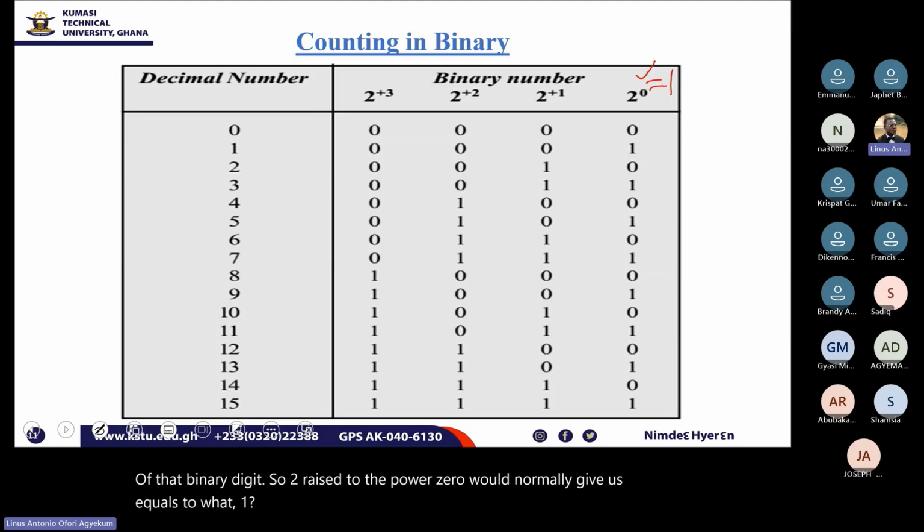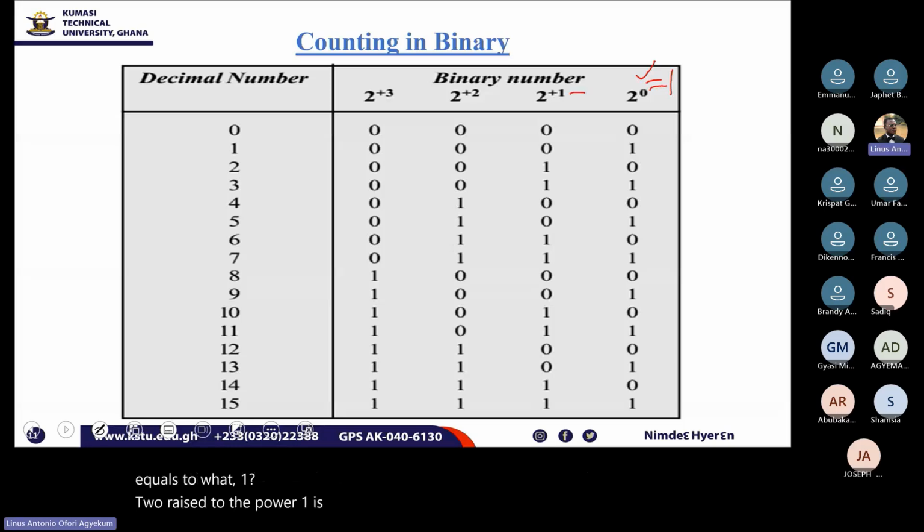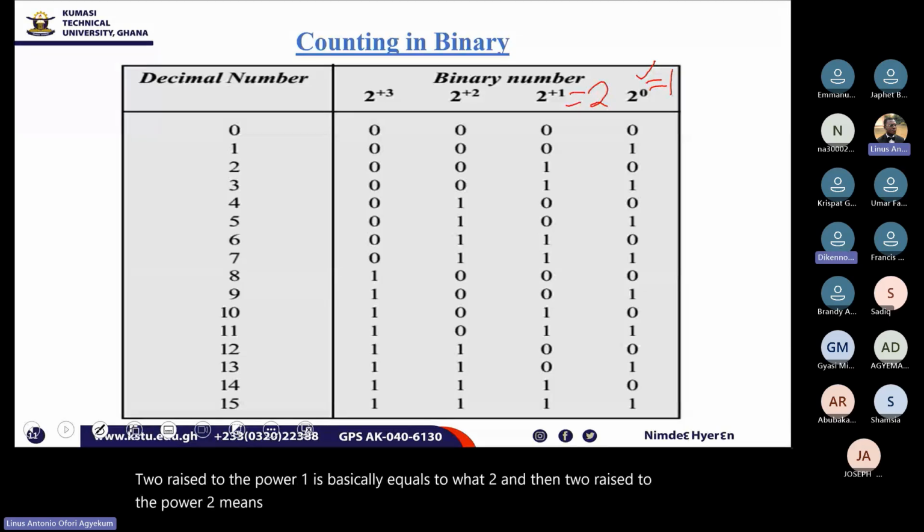2 raised to the power 1, it's basically equals to what? 2. And then 2 raised to the power 2 means 2 times 2, which equals 4.